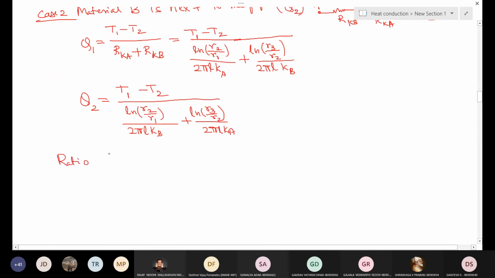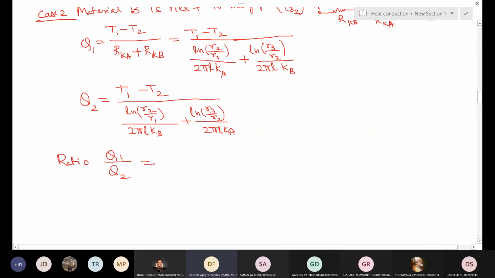So what do you get? T1 minus T2 is the same, so that will disappear. So then you can also take out 2 pi L. 2 pi L is common there, right? Here also we have 1 by 2 pi L. So here also we have the same thing. So I will not write that.